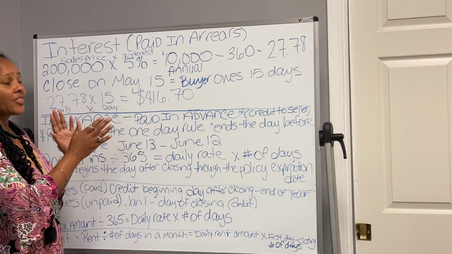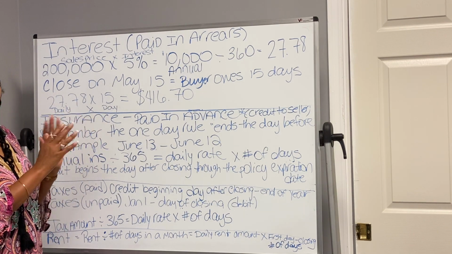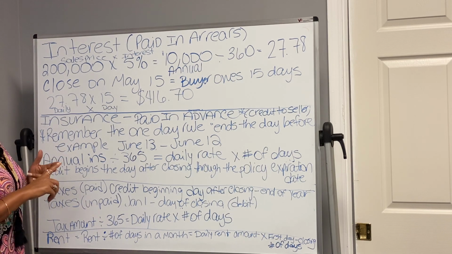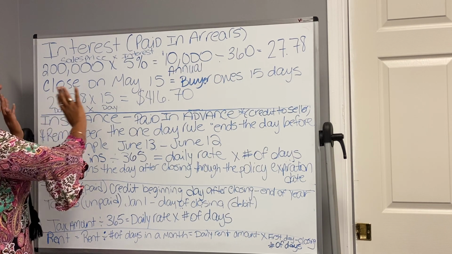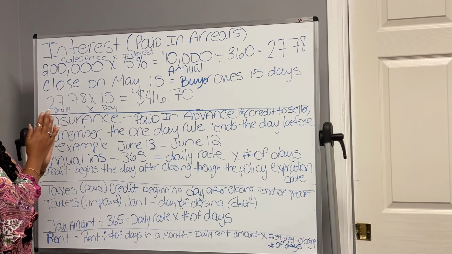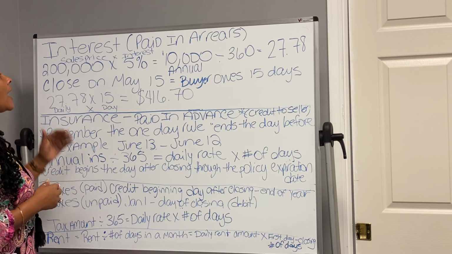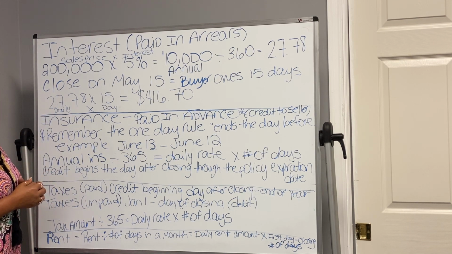That's nothing that the buyer and seller are dividing up amongst each other. They have two totally separate loan amounts, interest rates, everything, so we can't combine those two. But I did want to show you how to calculate it if the question asks how much the seller will owe.